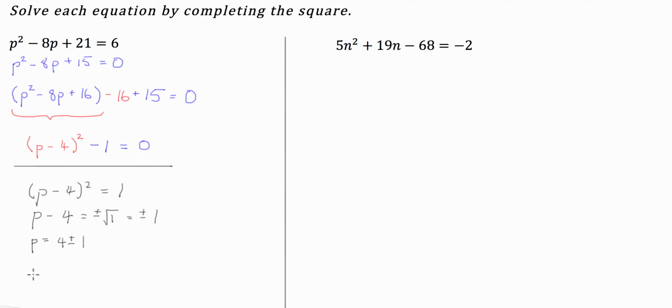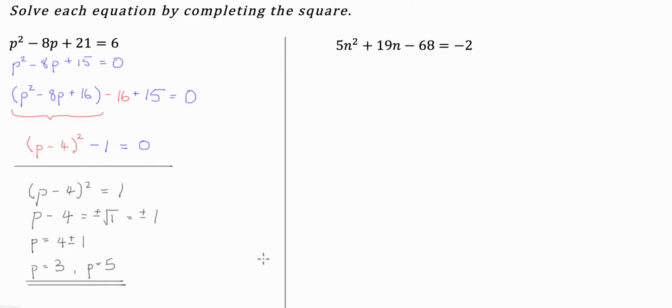So our two solutions to this quadratic equation are p equals 4 take 1, which is 3, and p equals 4 plus 1, which is 5. So there are our two solutions to that first quite simple quadratic equation.